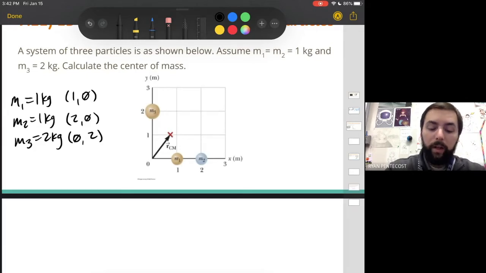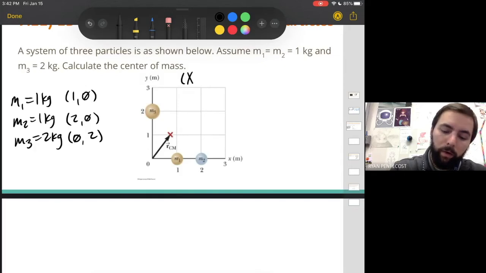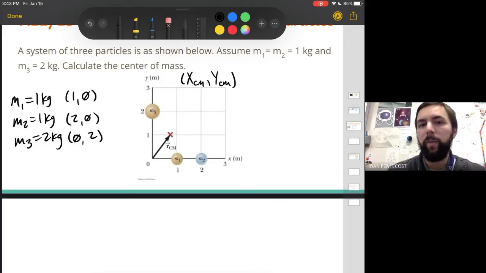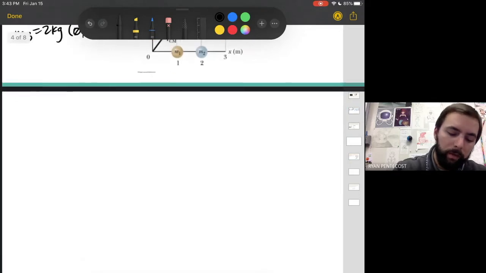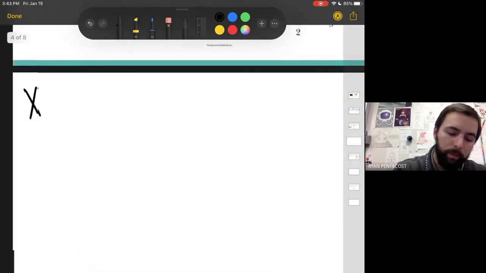Now, if we want to calculate the center of mass, the center of mass is going to be somewhere in this grid. So it needs to be in terms of X and Y. So what we'll do is we will actually find the center of mass along the X-axis, then we'll find the center of mass along the Y-axis. So we will do that down here, zoom a little bit.